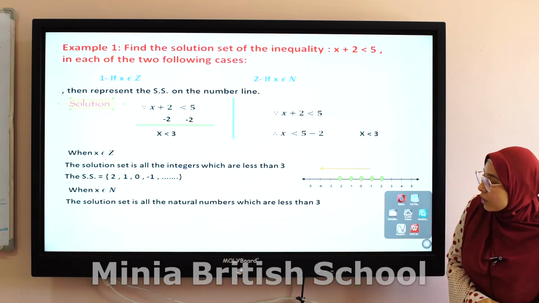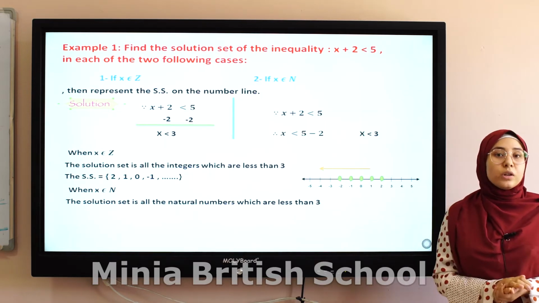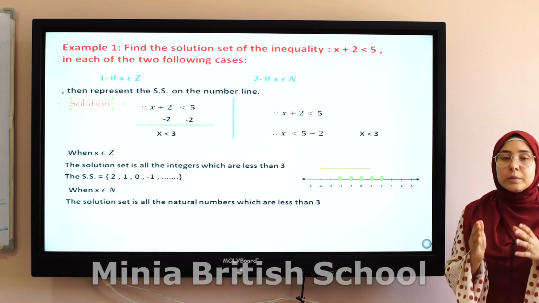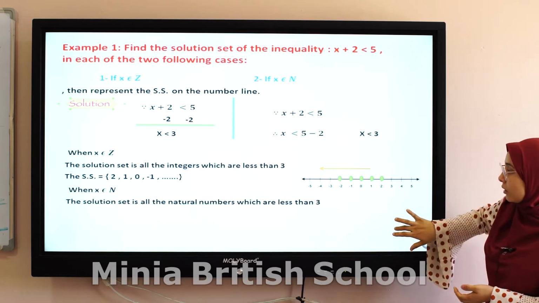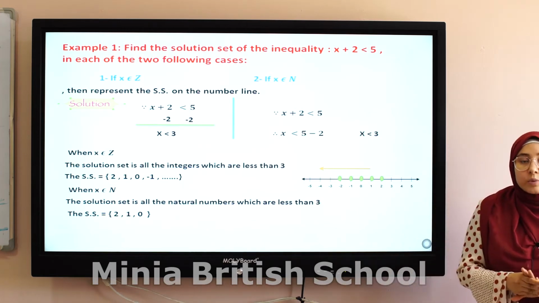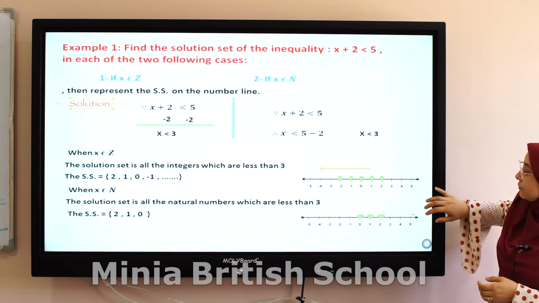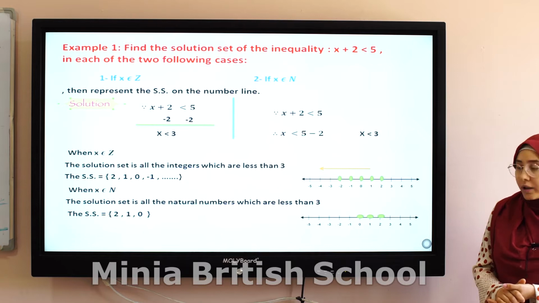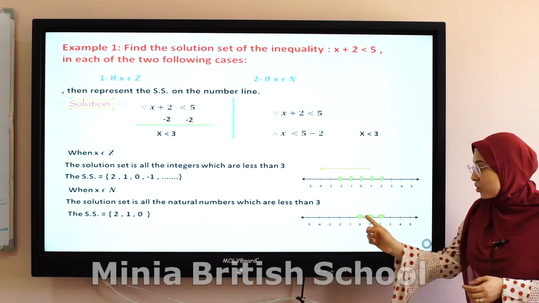The solution set when x belongs to the natural numbers, I mean all elements less than 3 in the natural numbers, like the solution set 2, 1, and 0, because the natural numbers start from 0. And the same idea, I will represent it on the number line, only drawing a point above each element here.